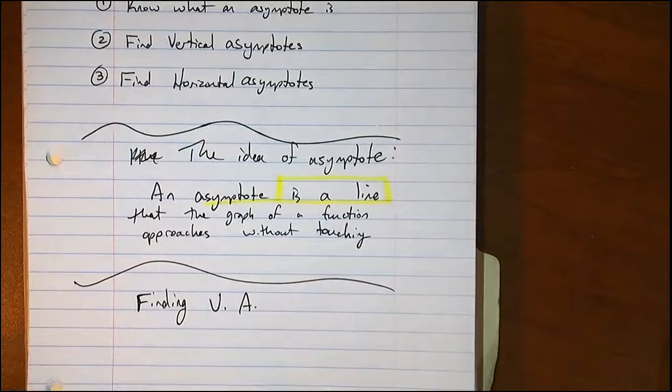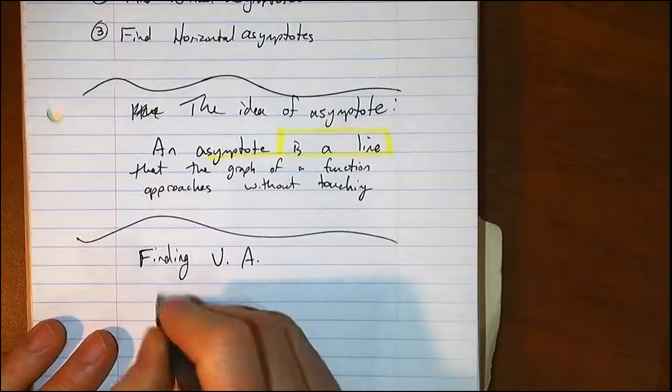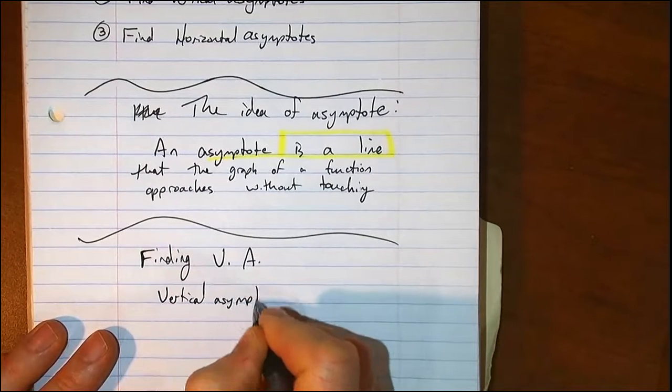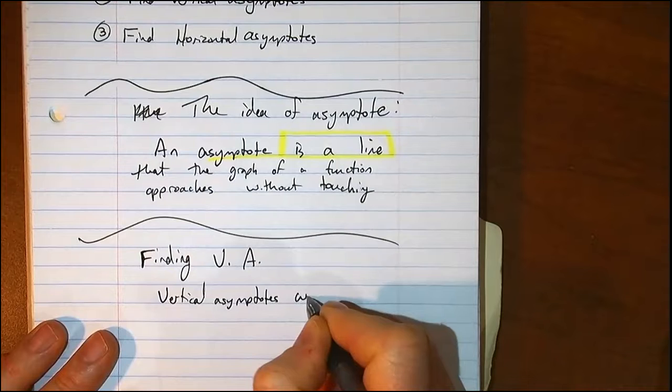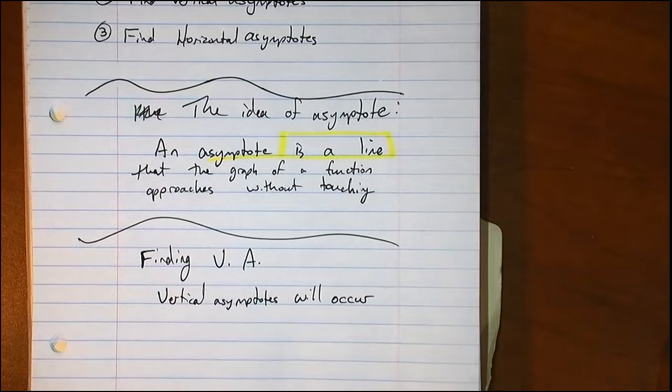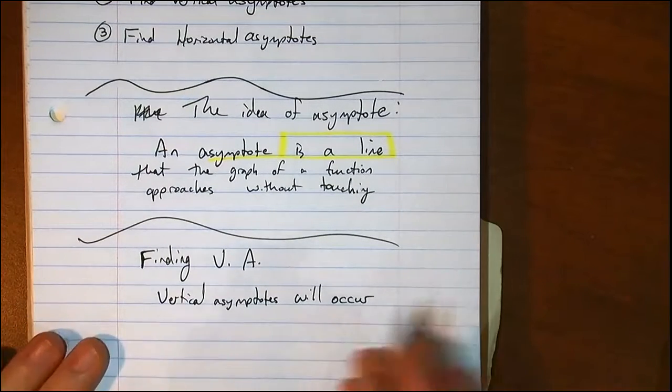So I'm just going to put VA for vertical asymptotes. I hope that's okay with you. But vertical asymptotes will happen, they'll occur only at the spots where the denominator equals 0.